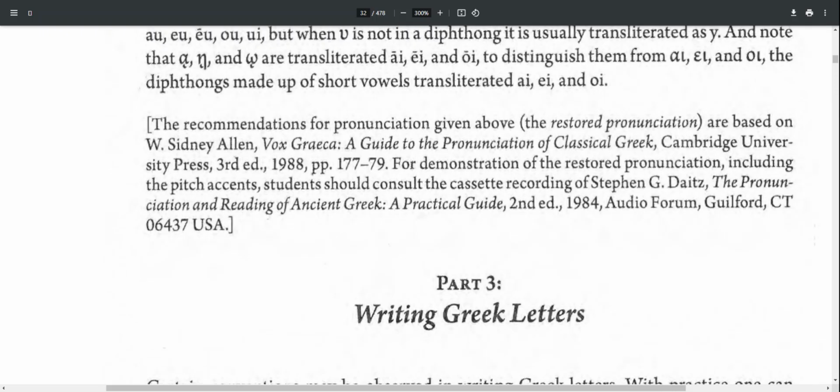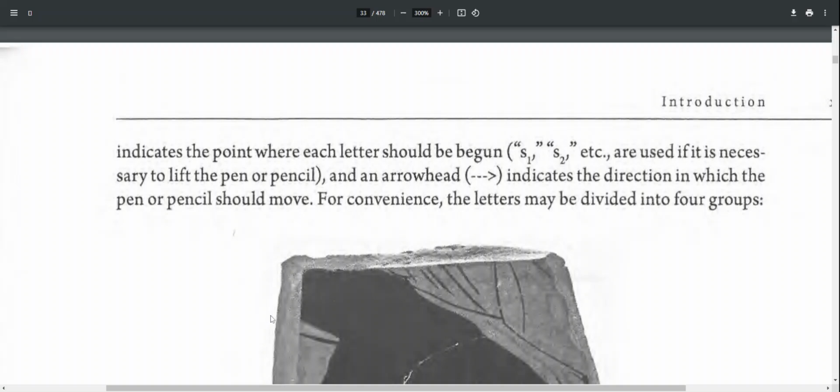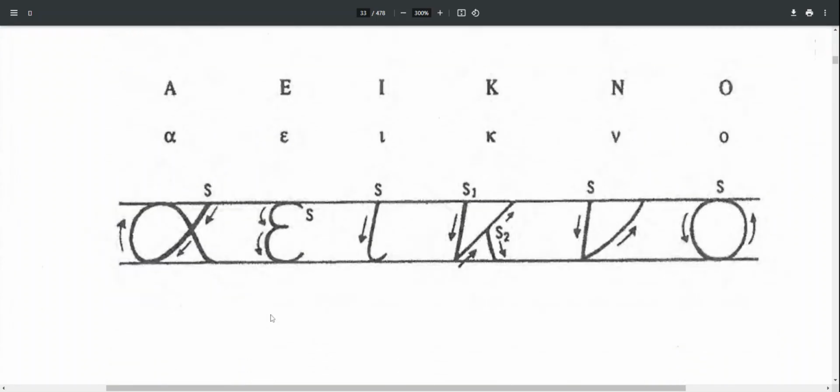And here are some schemes for writing the letters. You can write alpha like this: down, round, down, down, round, down.